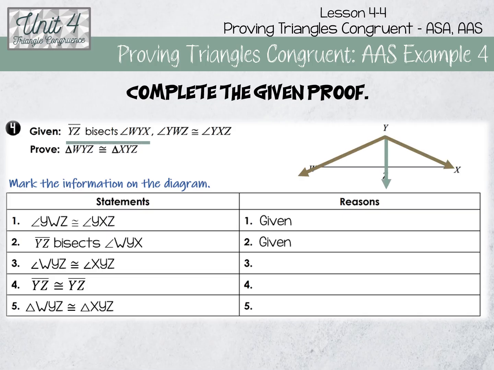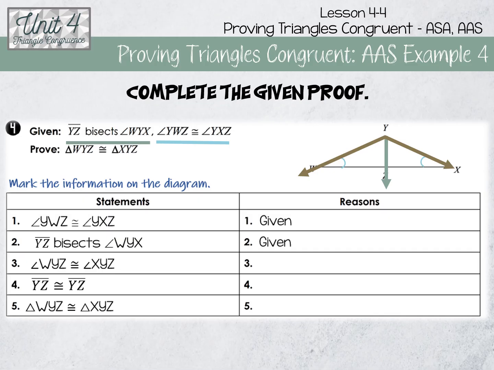That's an angle bisector of that angle. We also know angle YWZ is congruent to angle YXZ. Mark those. Didn't mark the other ones. Okay, so all the givens in our proof.